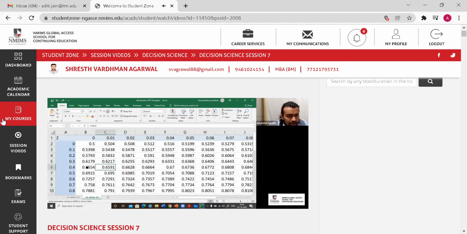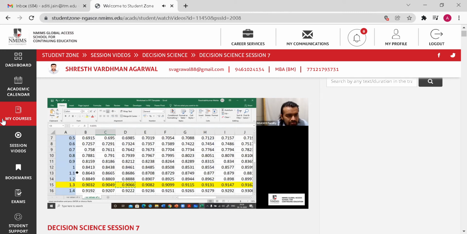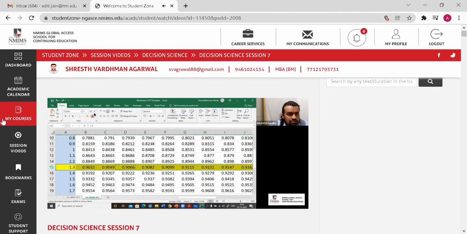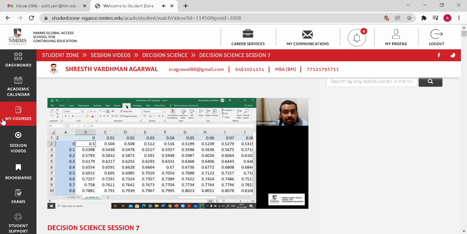Okay, 1.1, 1.19. This is 1.1. Let me highlight it, but our Z value is 1.19. I need to freeze the span, otherwise it's going to be very difficult.